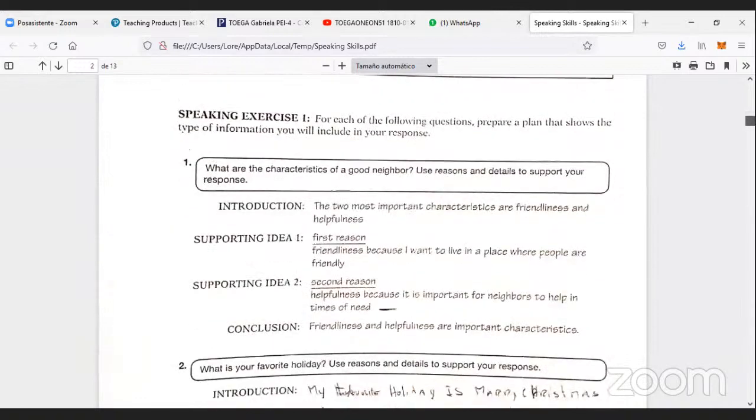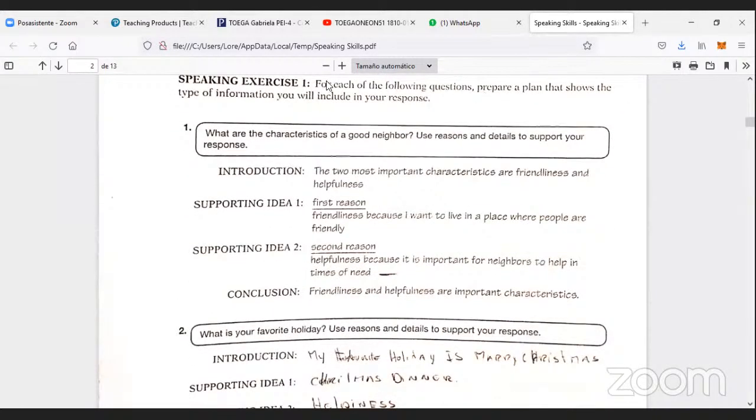Here we have the first example. It says, what are the characteristics of a good neighbor? We have to use reasons and details to support our response. For example, in the introduction: the two most important characteristics are friendliness and helpfulness. This is the direct response.